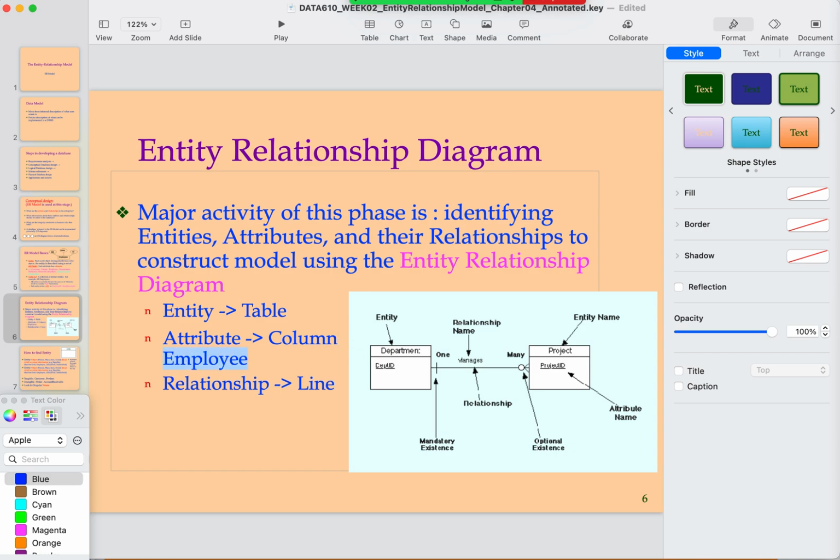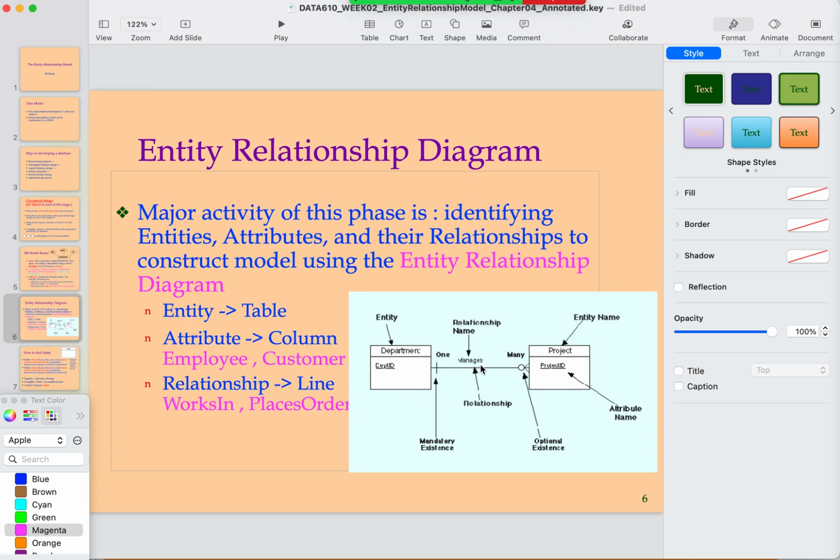Or customer places order. The relationship line will be a line that connects the two entities.